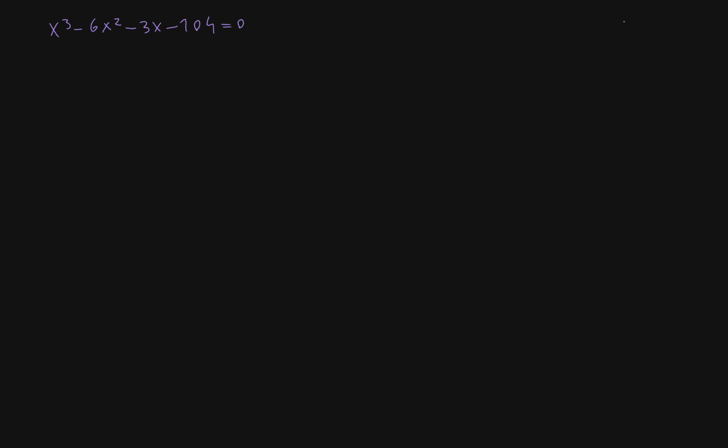Negative b over 3a, you check this, is just going to be 2. The derivative at x equals 2 is going to be equal to negative 15. And then the function at 2 is just going to be negative 126. So we're just going to keep that here.